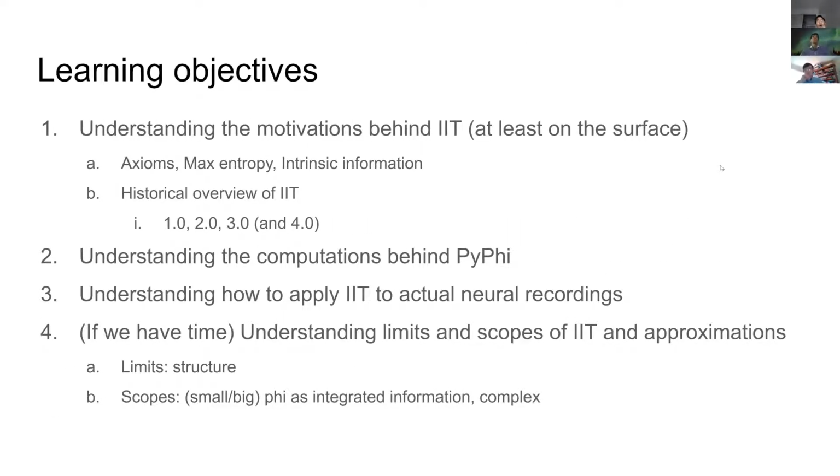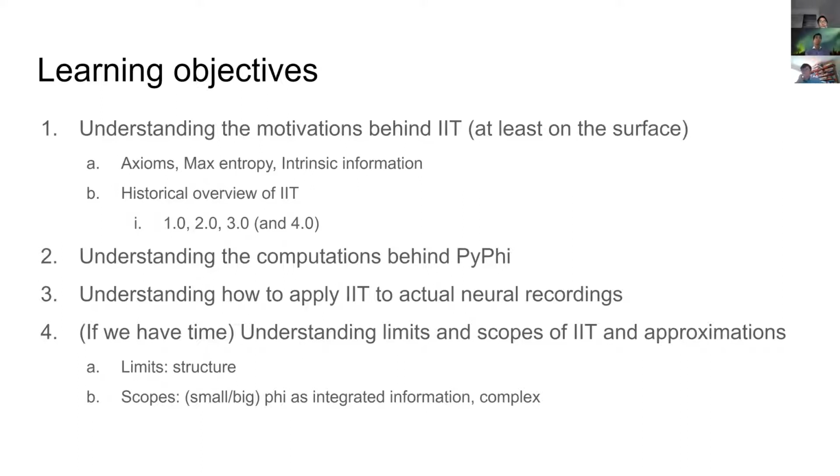So the learning objectives will be the very first part of the tutorial. We're briefly going to talk about the IIT axioms and a historical overview of IIT. That's going to be done by Angus. Then the bulk of the tutorial will be on understanding the computations behind PyPhi, which is the Python software used to actually do IIT calculations.